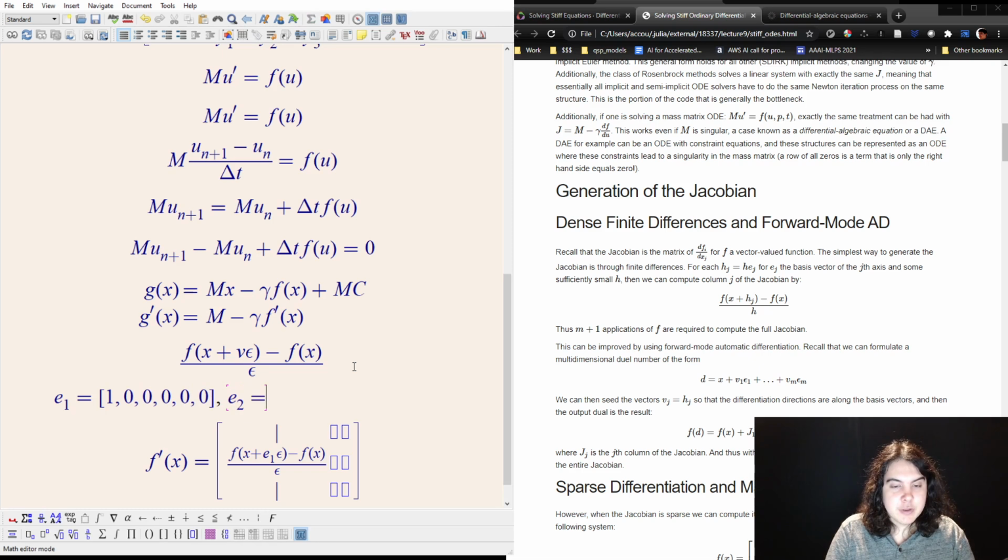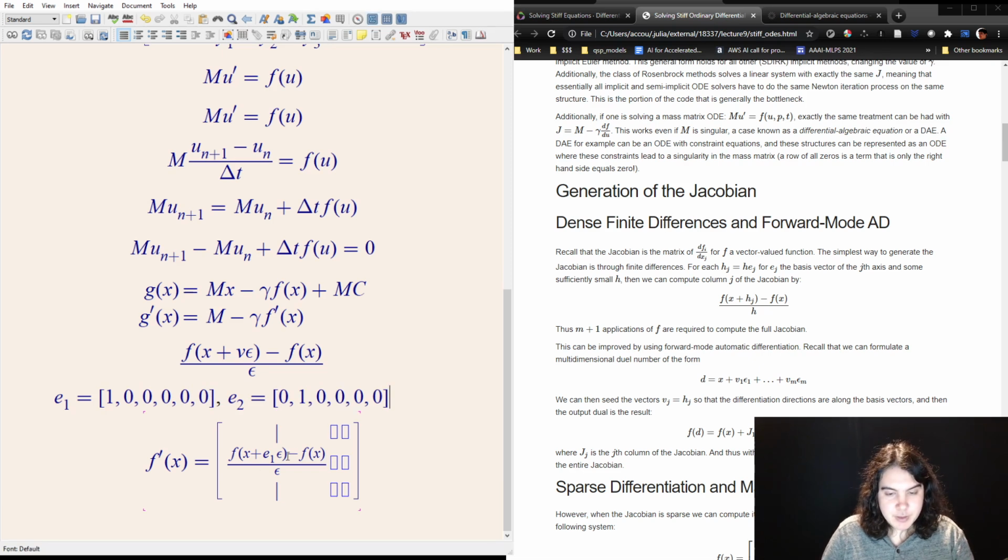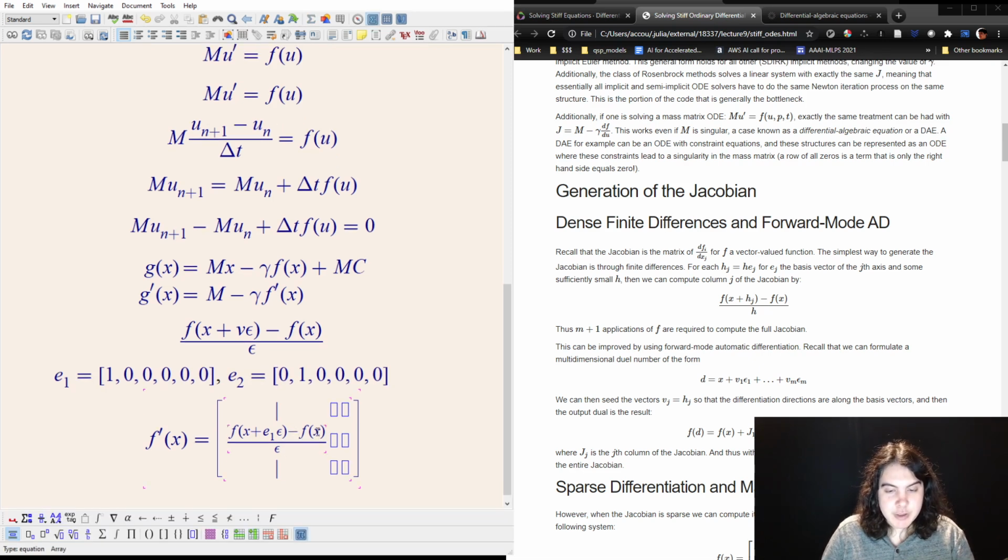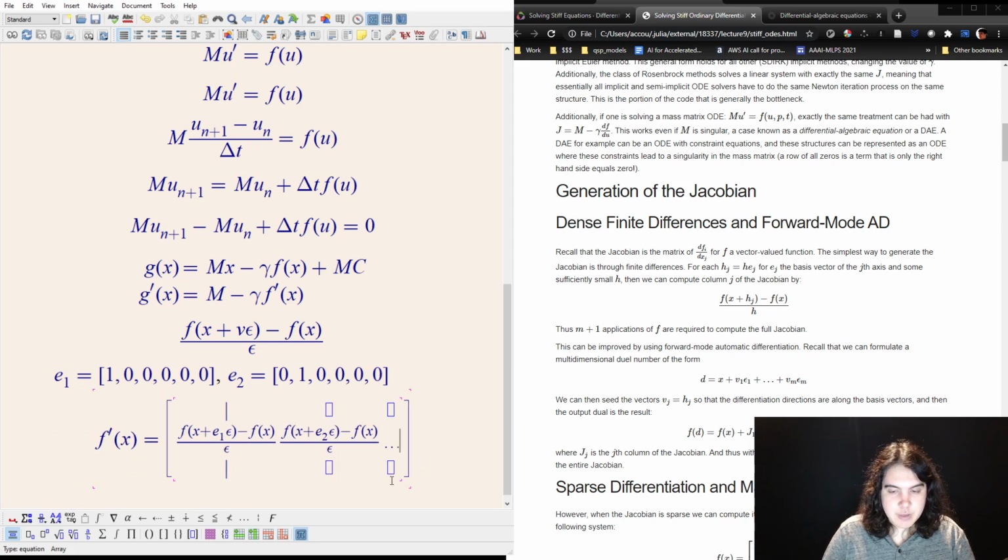E2 equals 0, 1, 0, 0, 0, 0, and so on. So this column is calculated like this. This column is calculated like this. And so on.